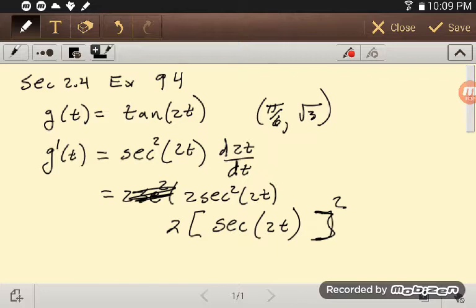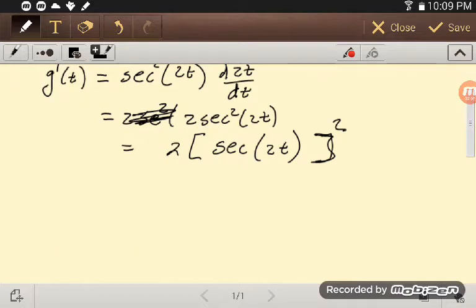Gets wild there. And so, let me put an equals there. So when I look at this to take the derivative, the 2, of course, just comes along, but I need to take the derivative of the squaring function. I need to take the derivative then of the secant function, and I need to take the derivative of the 2t.